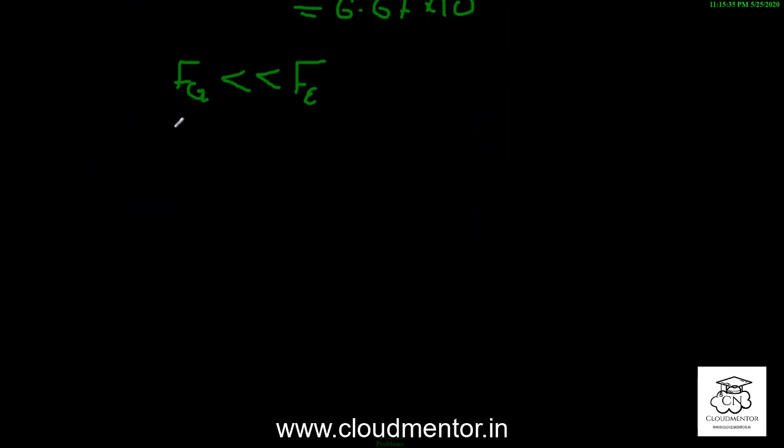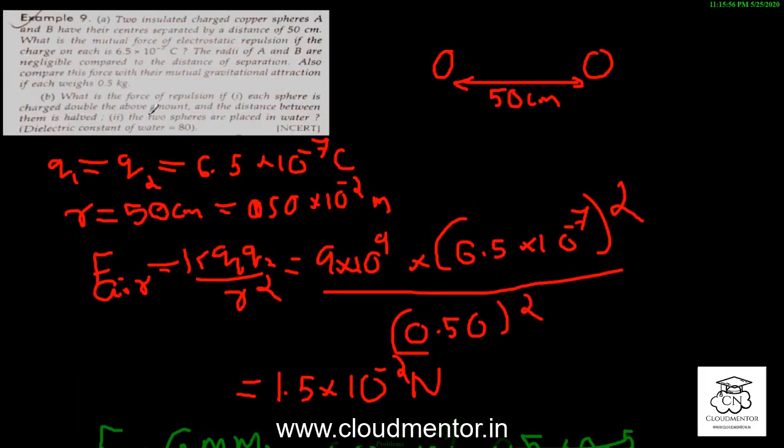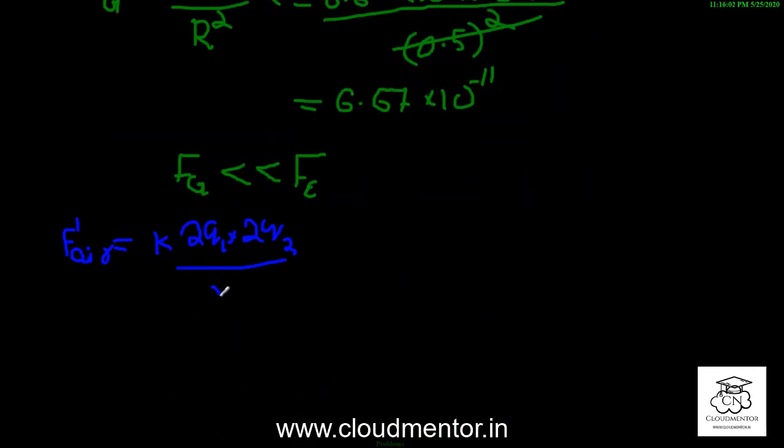We can write it as F dash, which will be equal to k into q1 multiplied by 2 q2, divided by, and the distance between them is half, that is r by 2. We can write r by 2 the whole square.